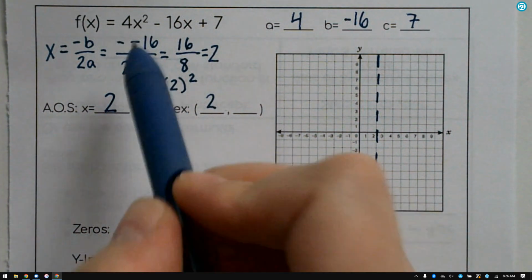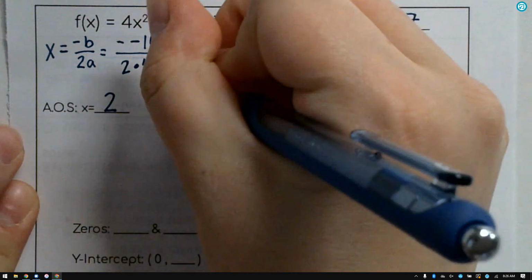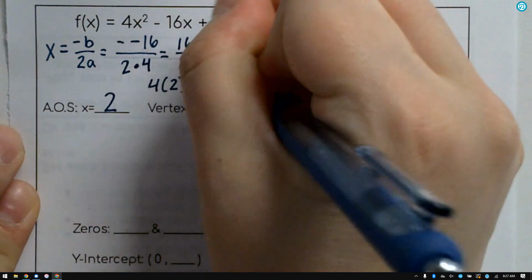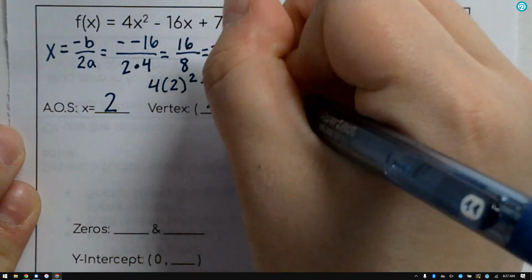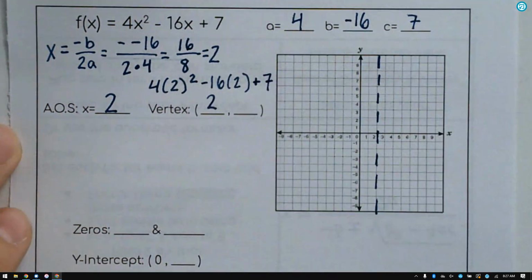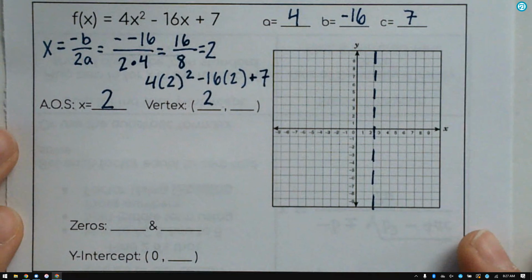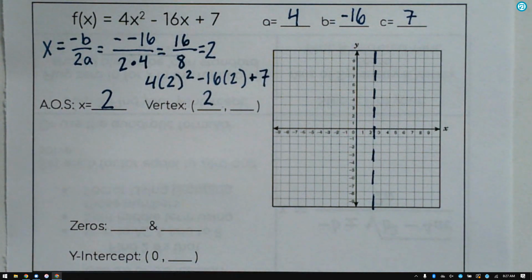From there, so we've got minus 16x, so it's going to be minus 16 times 2. And then we've got plus 7. Okay, so we're plugging in 2 for x. We can throw all of that into a calculator.